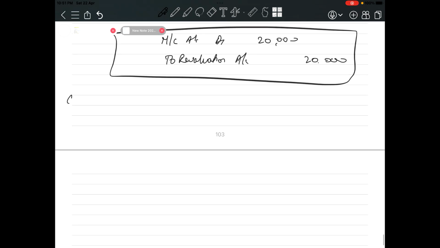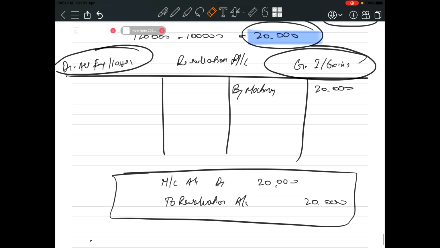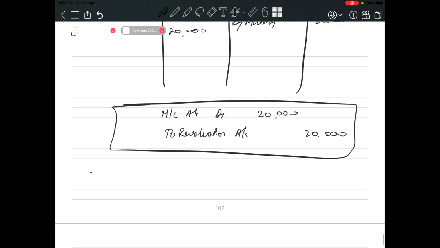Now let's take another example. Let's just use the balance sheet only. The value of the creditors was, say for example, 20,000. Now the adjustment tells you that there is an unrecorded creditor of rupees 1,000.